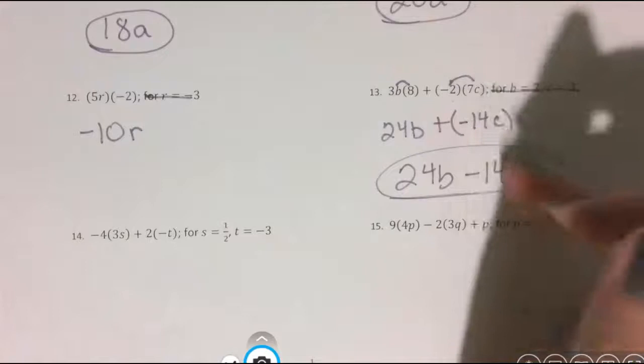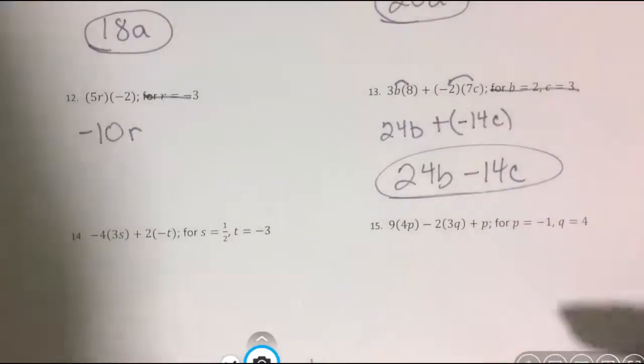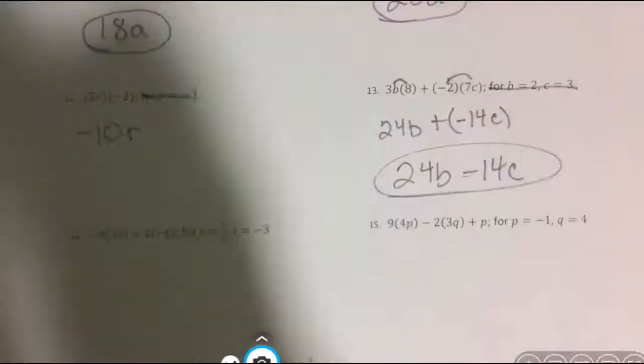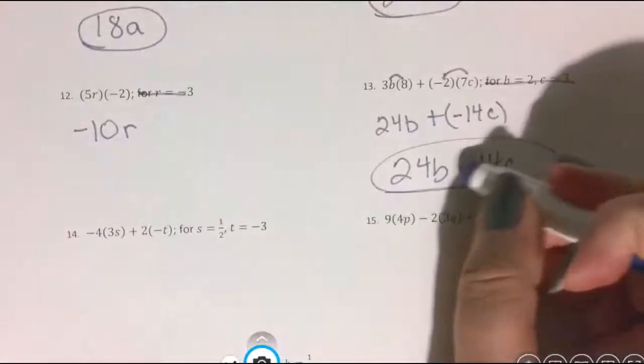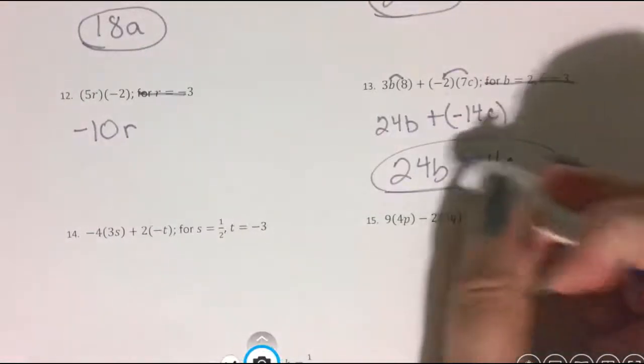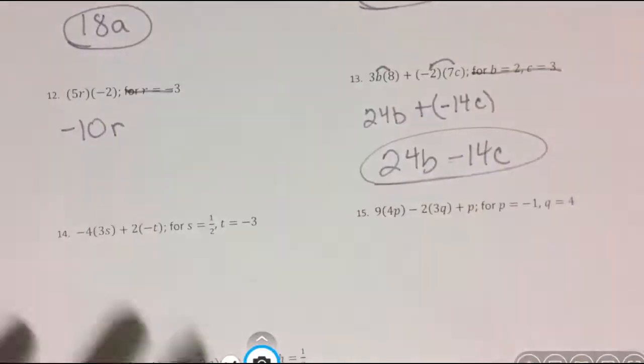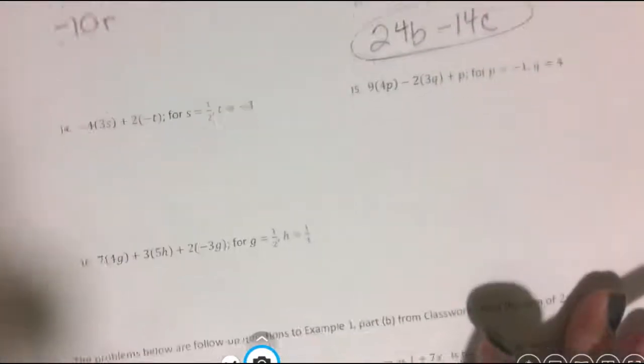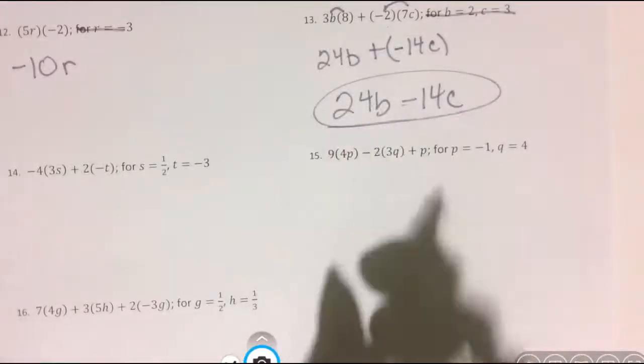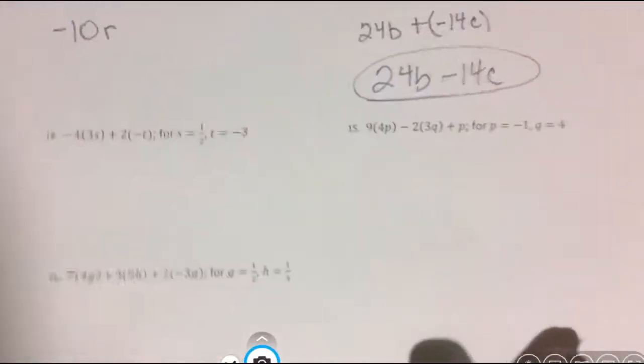This is equivalent. Either one of these is appropriate. I prefer this one. Oh, I cannot combine these because this is a B and this is a C. They are not like terms.